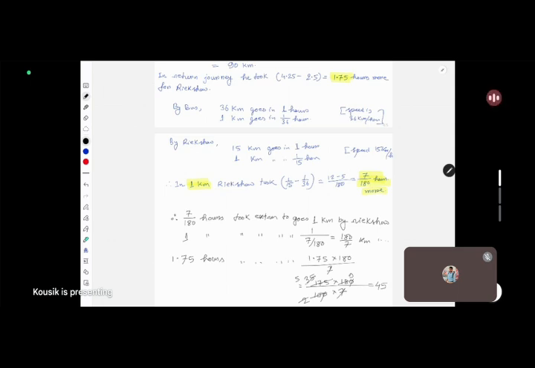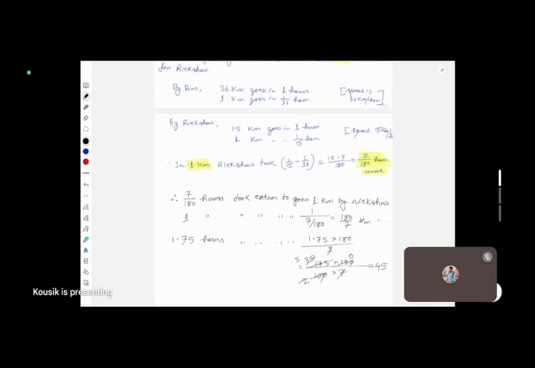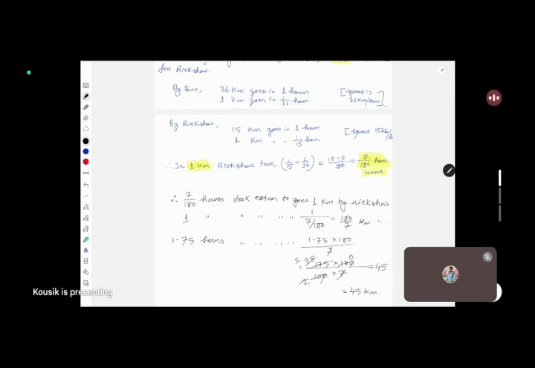So total 45 kilometer. So he took 45 kilometer.